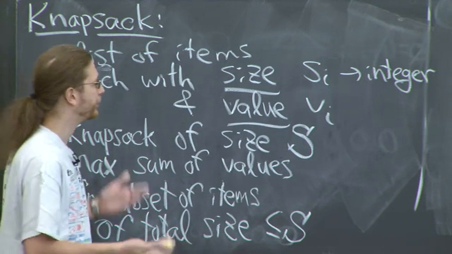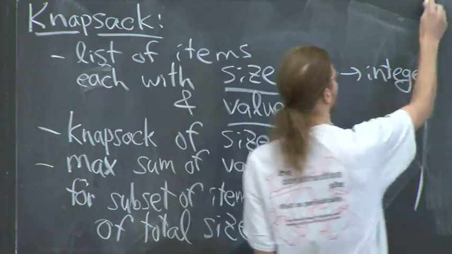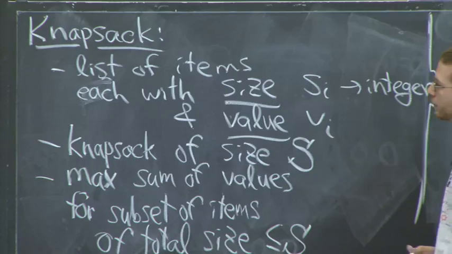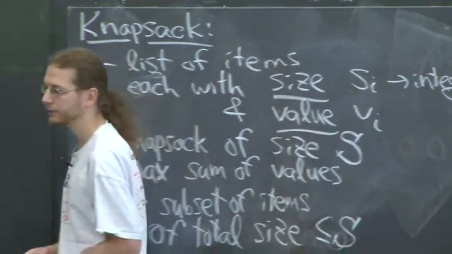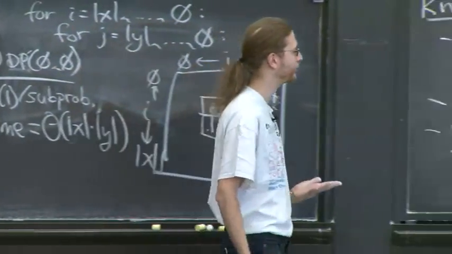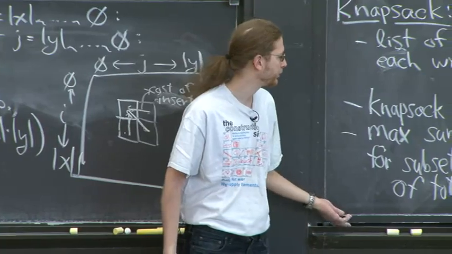Not a big deal. Or you could have sizes and weights. All of these things generalize. But we're going to need that the sizes or weights are integers. Okay, so the items have to fit because you can't cheat. You can't have more things than what fit. But then you want to maximize the value.